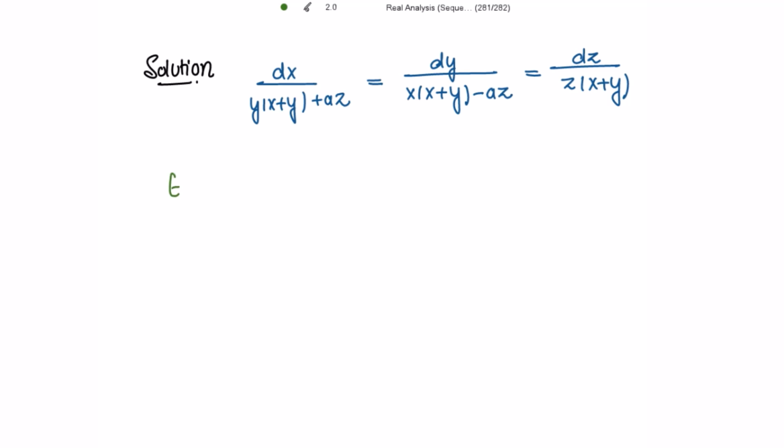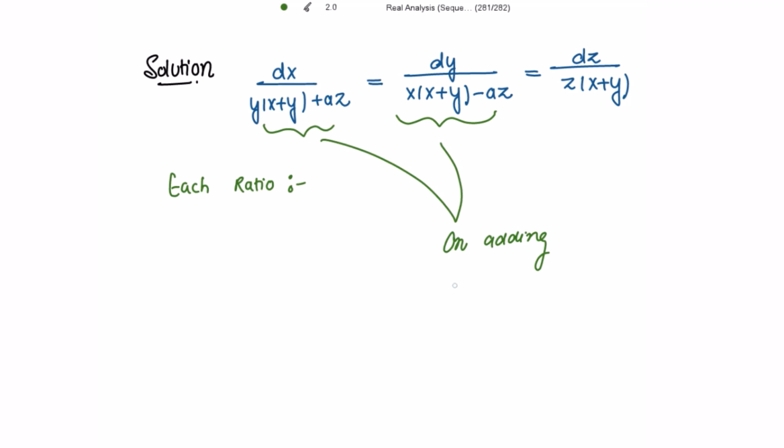If we get the ratio as, let's focus on the denominators first. If I add this denominator to this denominator, what do I get? I get x plus y whole square. So on adding these two denominators, we get x plus y whole square.